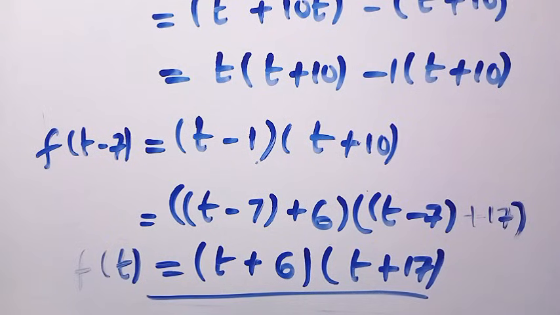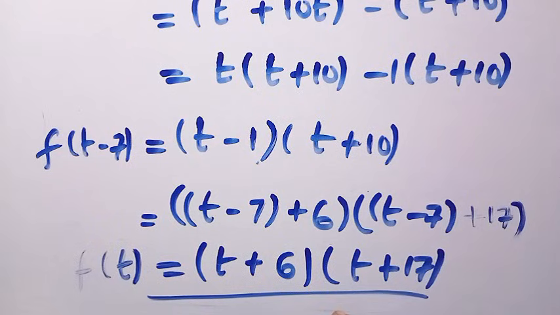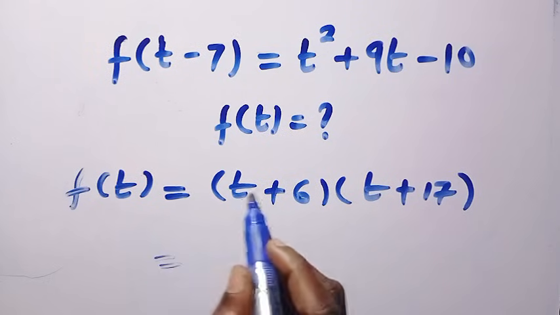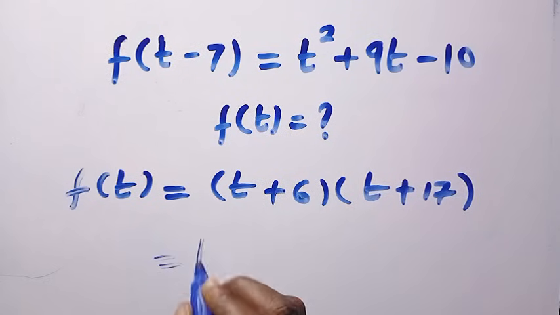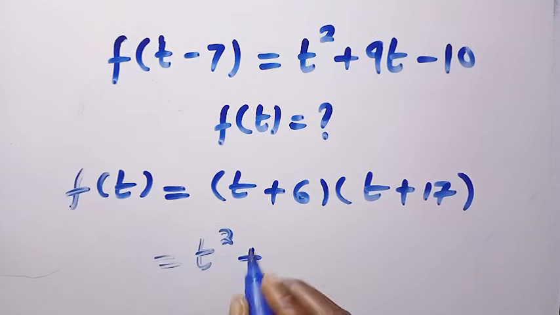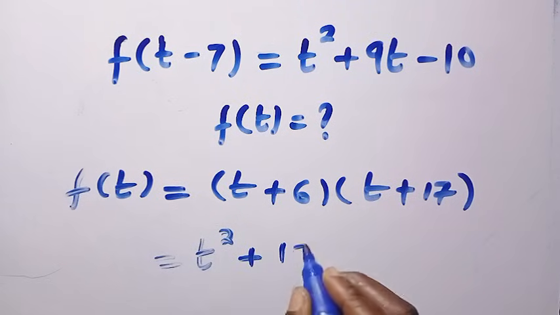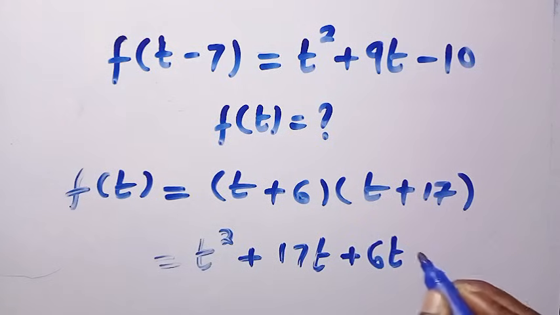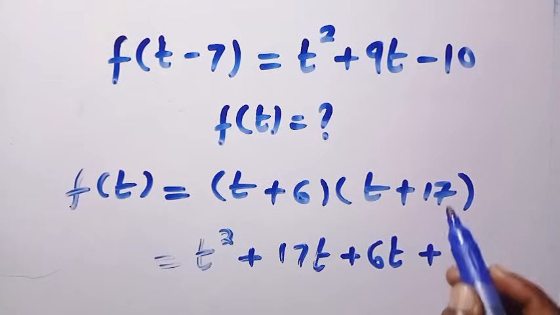And we can just try and expand t plus 6 and t plus 17, and we are going to get the result that satisfies this problem. By expanding this, we have t times t, that gives us t squared, plus t times 17, we have it as 17t, plus 6 times t, that is 6t, plus 6 times 17.